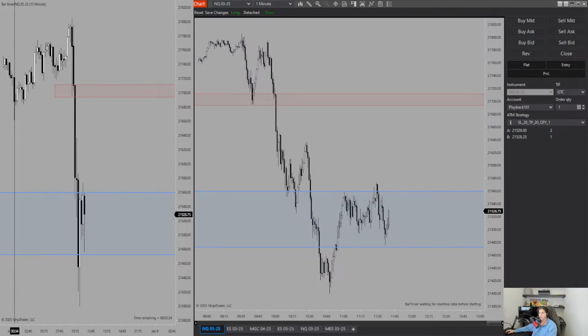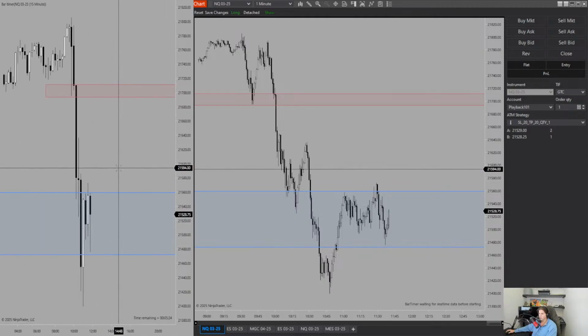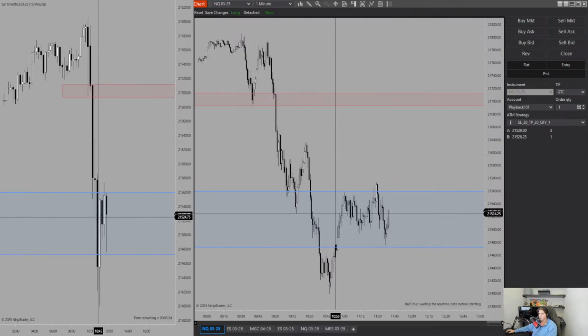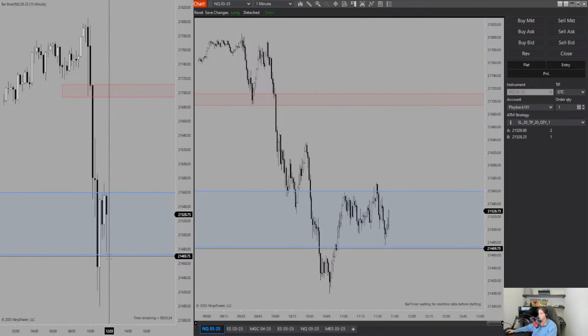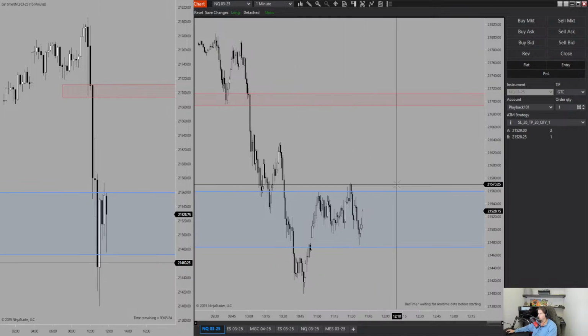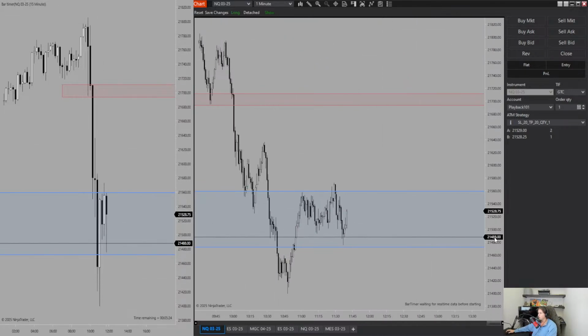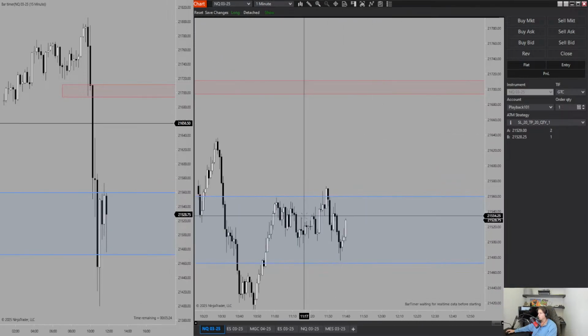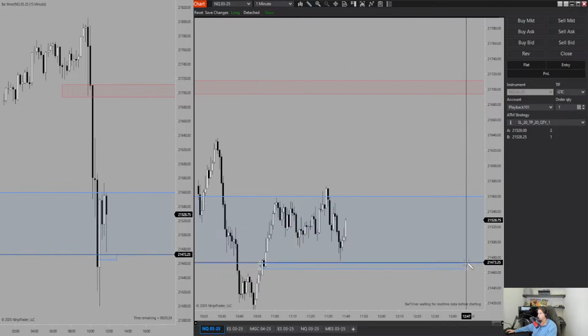Then on the 30, same thing, 15 minutes. This candle put the low in, did shift, came back, swiped liquidity, and now we're trading outside of this, off this order block.